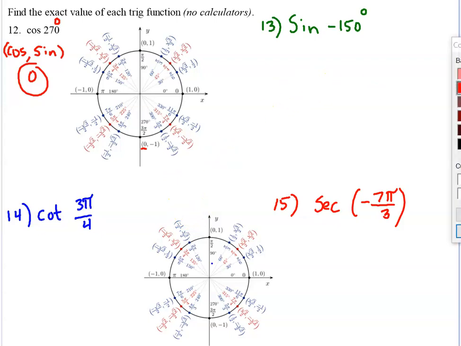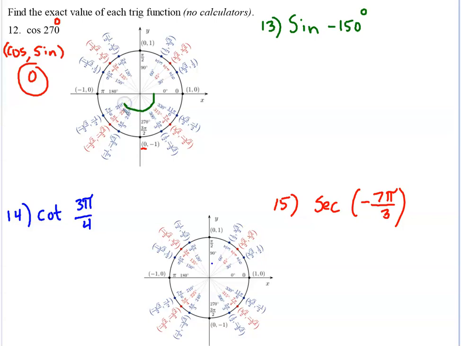Okay, so for the next one, this is sine -150. So the way the unit circle is laid out, it's going in a positive direction, but it's easy enough to use going the other way too. We just have to sketch out -150. So that's -90 plus another 60.